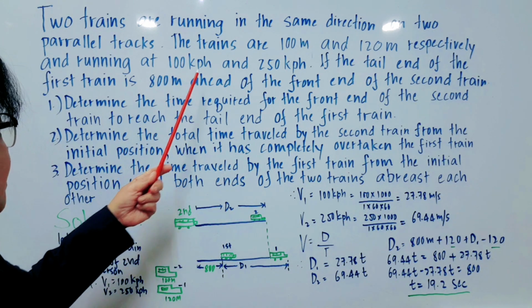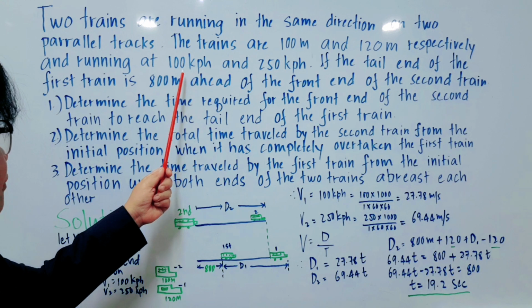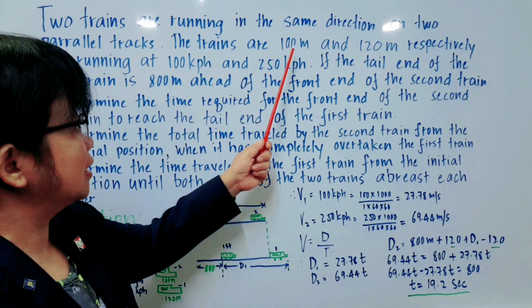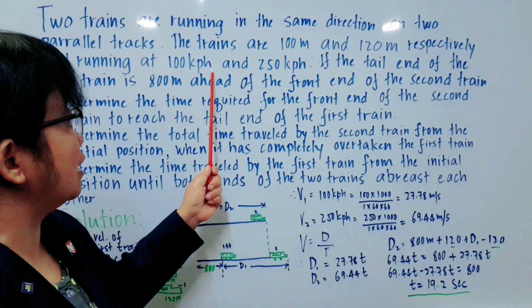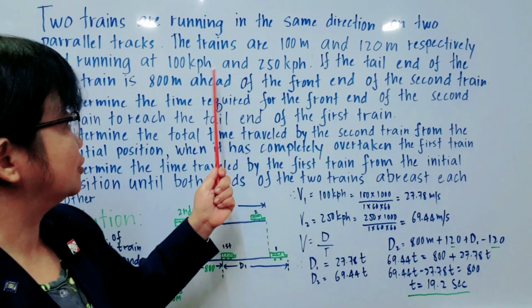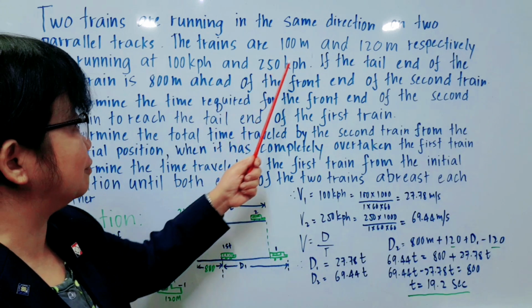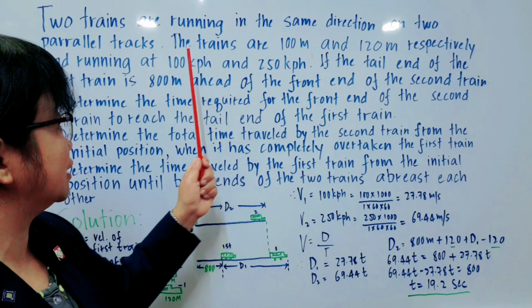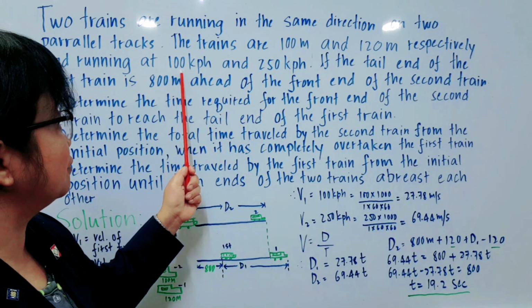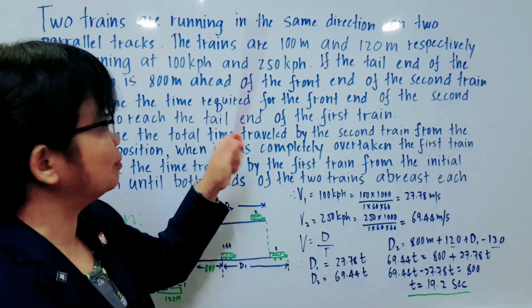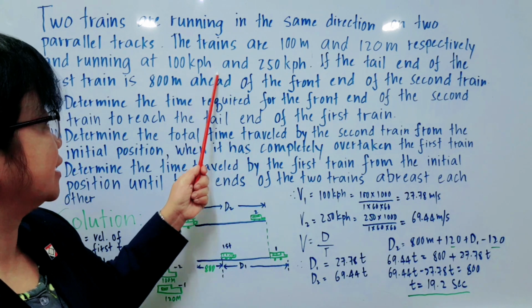Now dito, because we have the given velocities of V1 and V2, here we have kilometer per hour and we have the meter. So we have to change this kilometer to meter. Better we will change this one to meter per second.